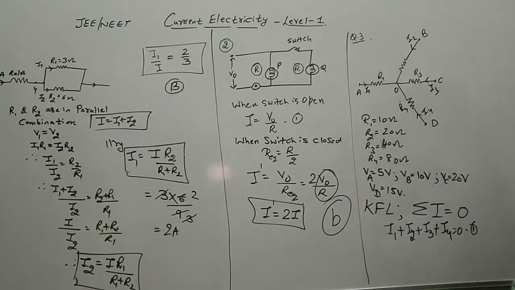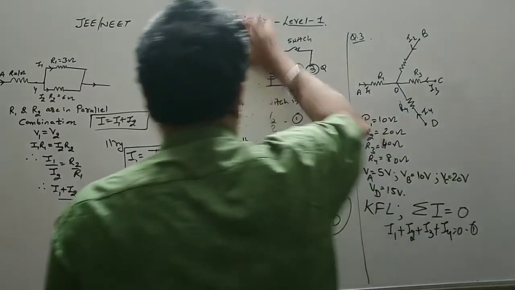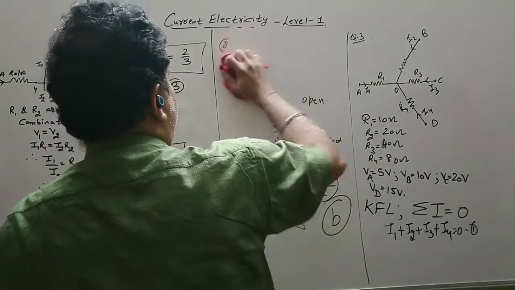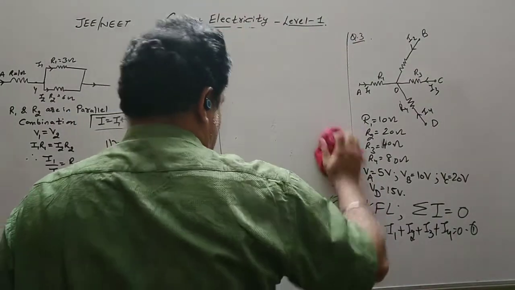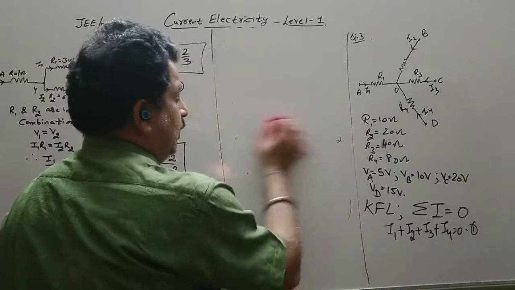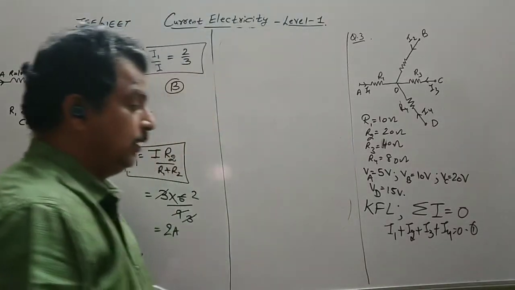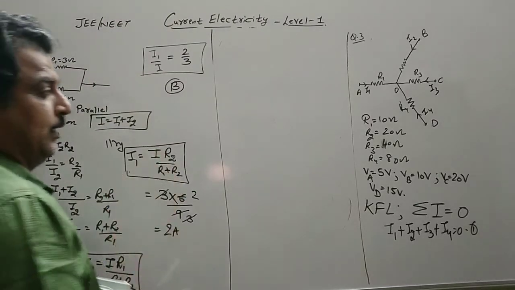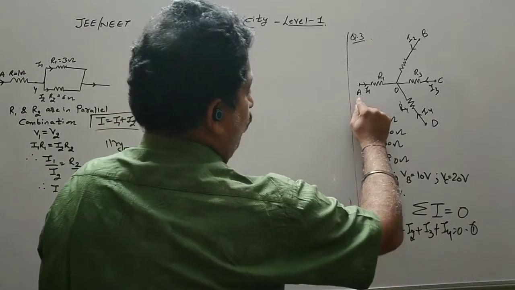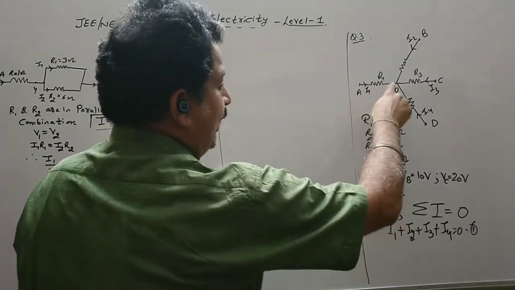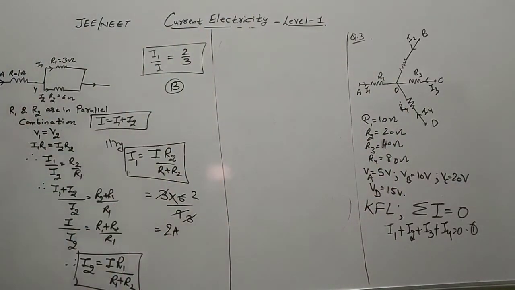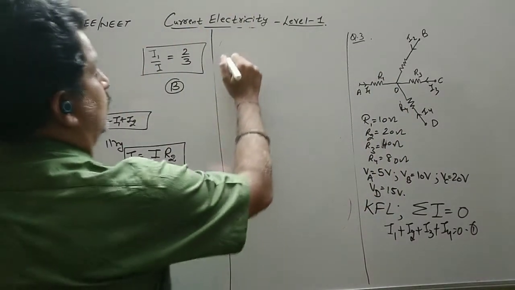Now, see the situation. If we can find out the potential at the junction, it will be very easy to determine the direction of I1, I2 or I3. Suppose I apply the Kirchhoff law from point A to O only.